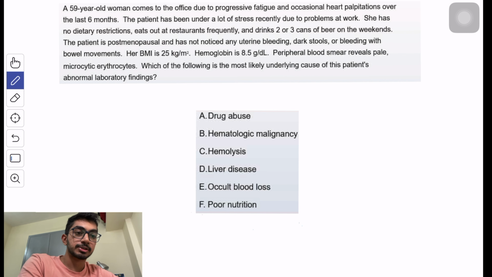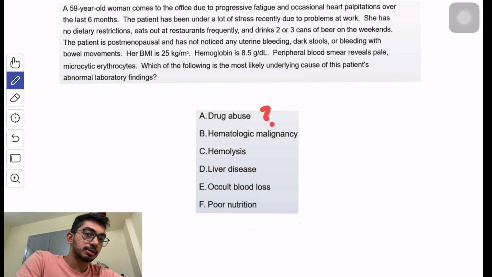Okay, so the first option is drug abuse, and drug abuse is not really related to microcytic anemia. So I'm going to put a question mark on that for just a minute and look at the other options. Hematological malignancies will mostly cause normocytic anemia, so that can be ruled out.